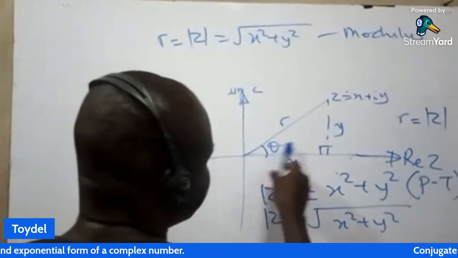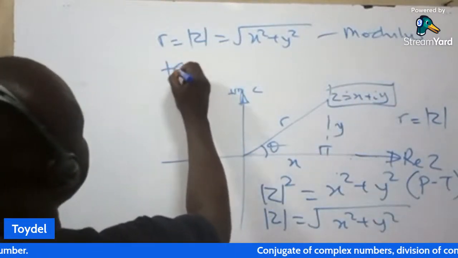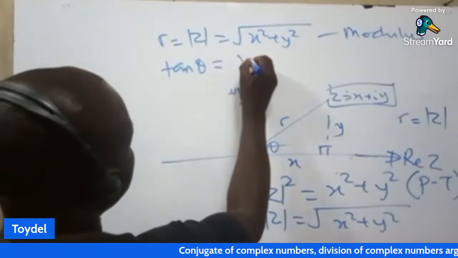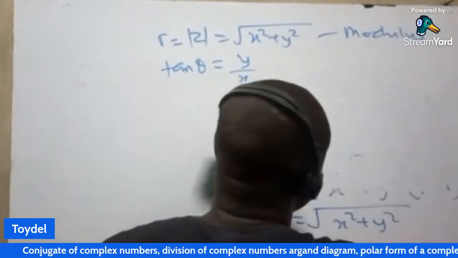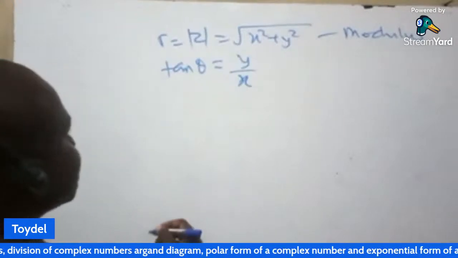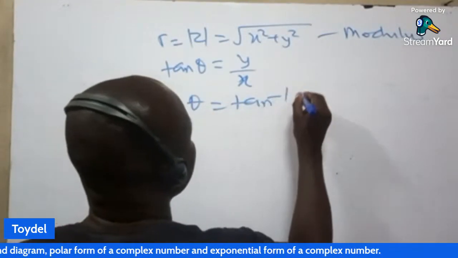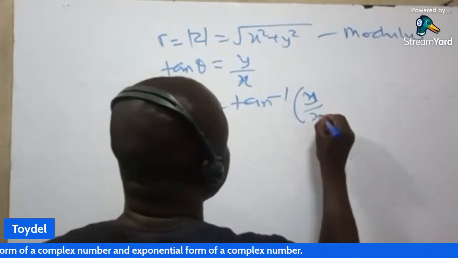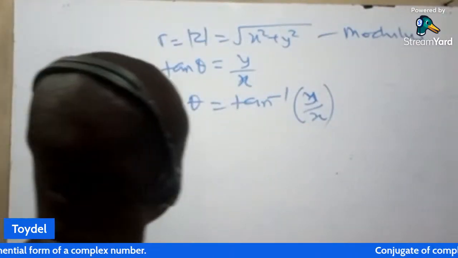We can say tan theta is equal to y all over x, because under SOHCAHTOA, tan simply means opposite over adjacent. Then theta will be arctan of y all over x.